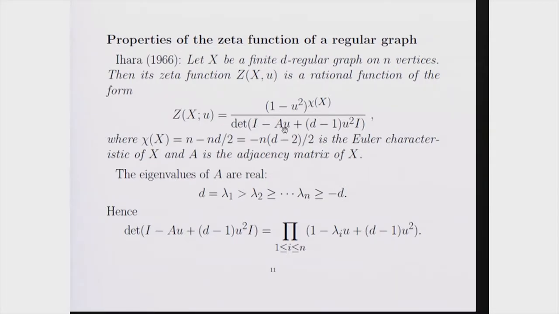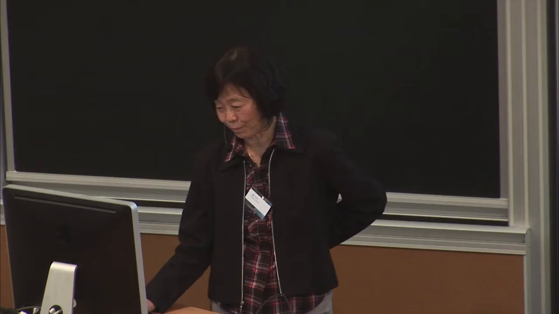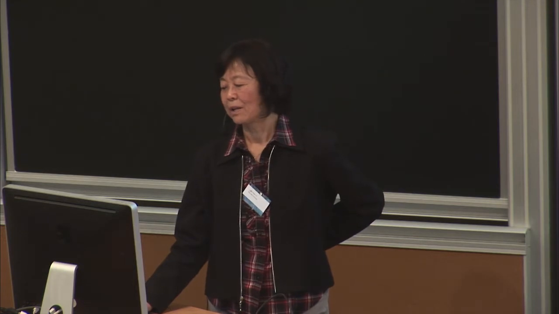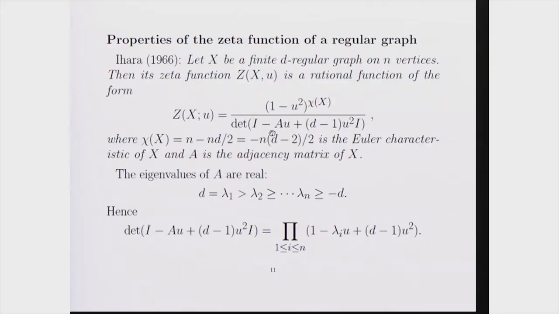Okay. And also, another kind of trivial pole comes from the trivial eigenvalues, when lambda is equal to d and minus d, and we will have the trivial poles plus minus 1, and plus minus 1 over d minus 1. So those are trivial poles for the zeta. So what we are interested in is the remaining non-trivial poles.